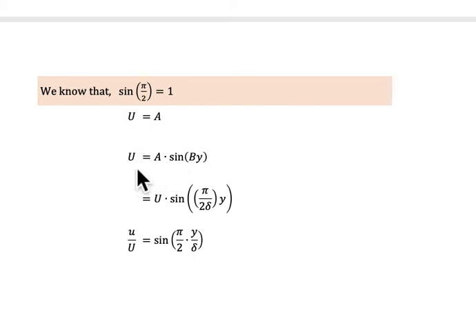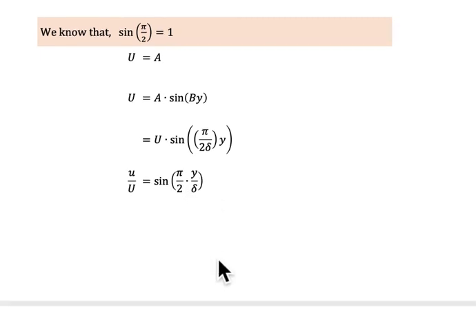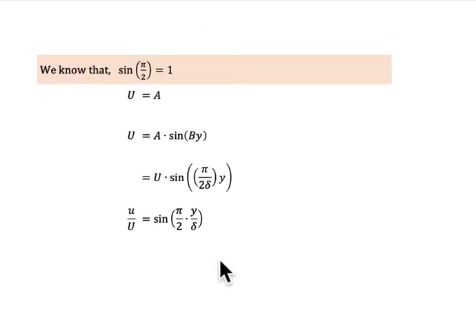Then from the basic equation u equal a sin by, we substitute the value of a equal to capital U. Then the final velocity profile of the sinusoidal profile is u over U equal sin pi over 2 y over delta. So this is our final answer.